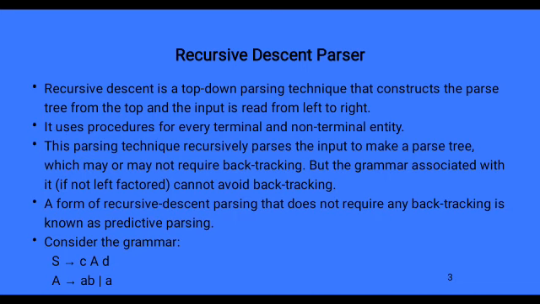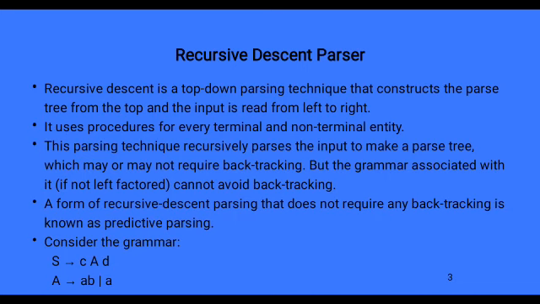That is the main point: backtracking may be required or not required. Don't get confused. In some cases you apply backtracking in solving problems; in some places you get the result for the problem directly. A recursive descent parser that does not require any backtracking is known as a predictive parser.